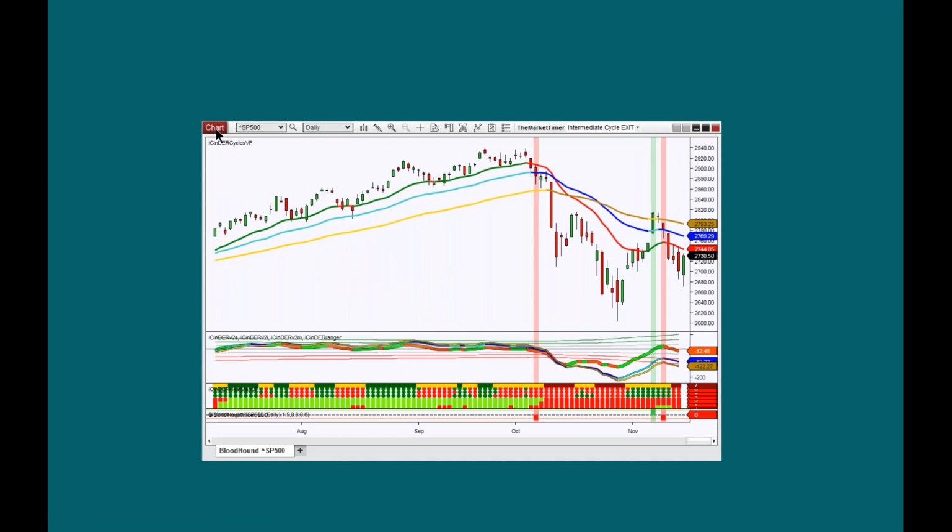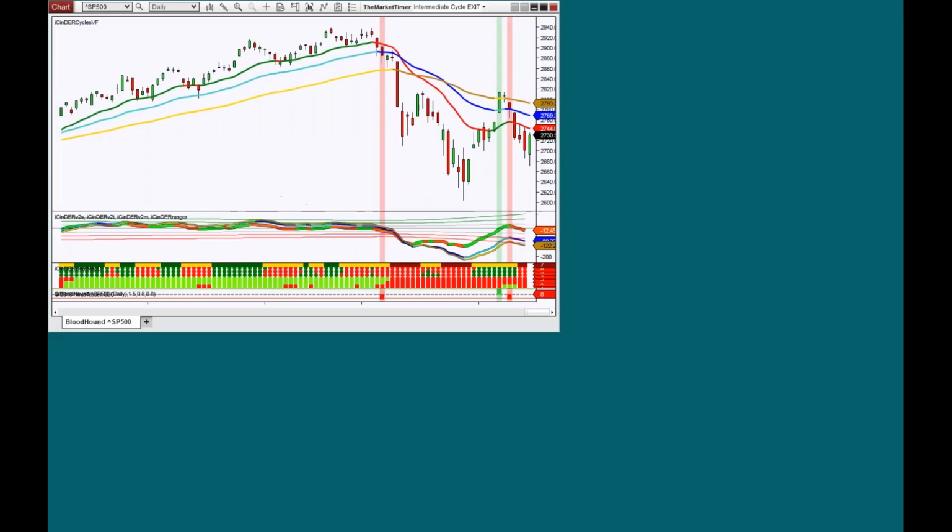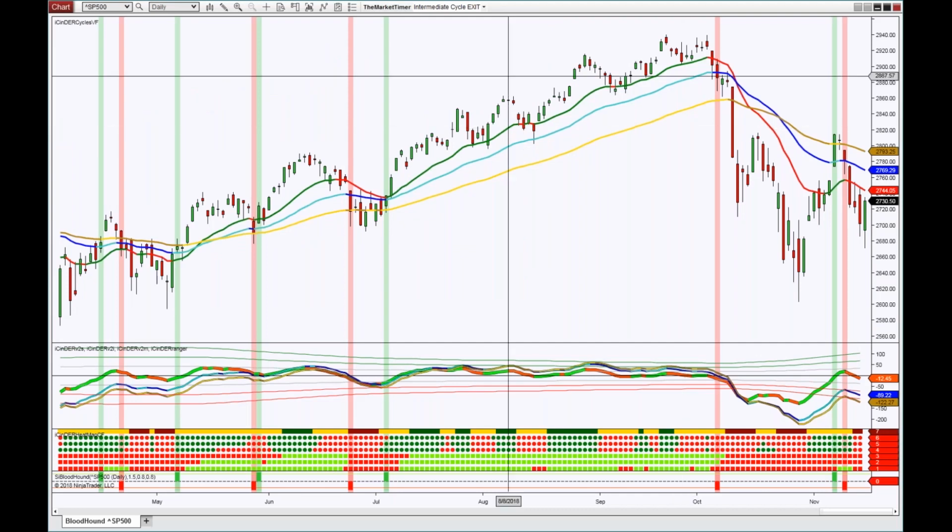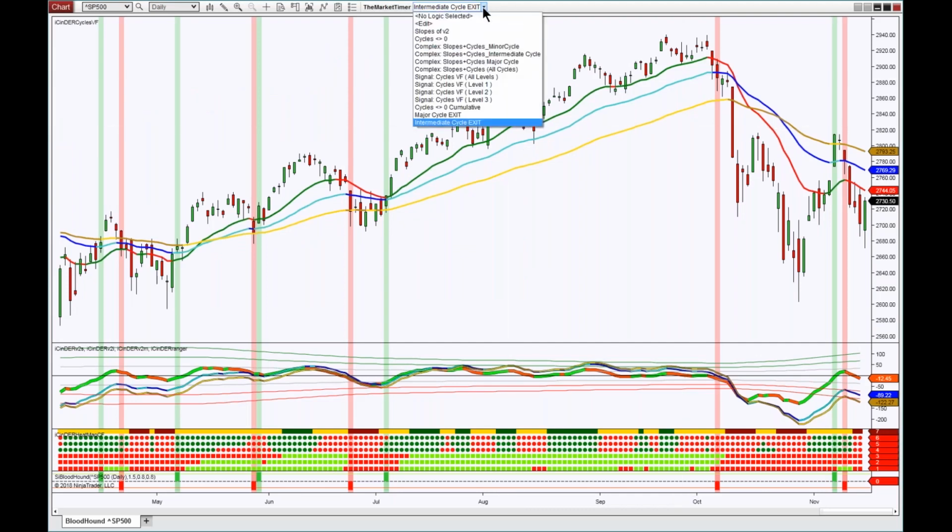The first thing we're going to do, okay, this one already has BloodHound. And the BloodHound template that I created has the slopes of the V2 cycles, where the cycles are above or below zero, complex slopes and cycles in the minor strength, intermediate strength, major strength, and then all of them, looking at major, minor, intermediate, both slopes and cycles.